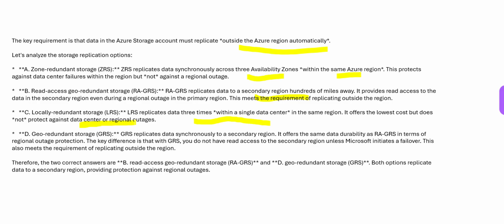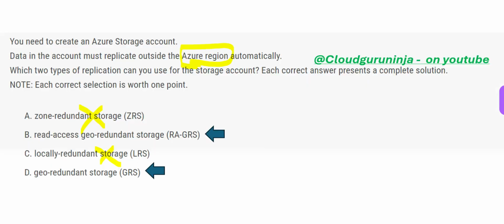It replicates data synchronously to the secondary region, so it gives you durability of data. The key difference with GRS is that you do not have read access to the secondary region unless Microsoft initiates a failover. Irrespective, it still meets your requirement of replicating outside the region. So this would be our answer.